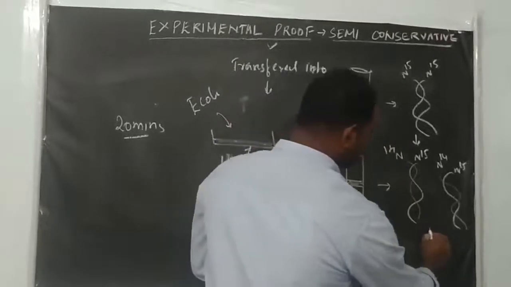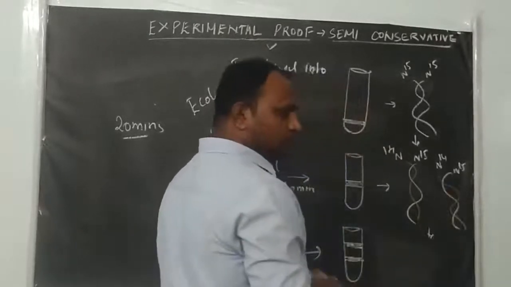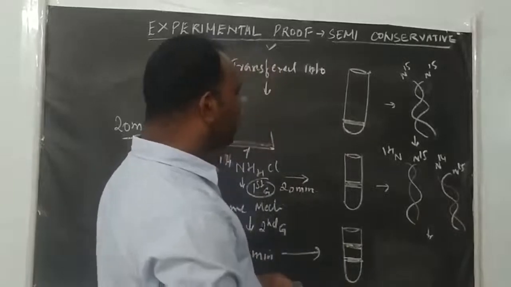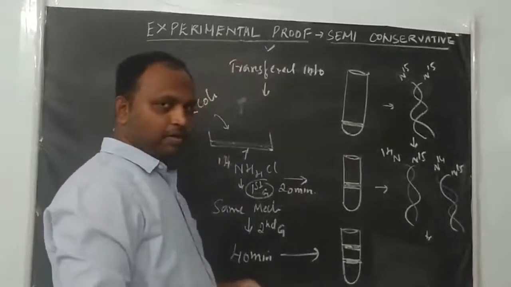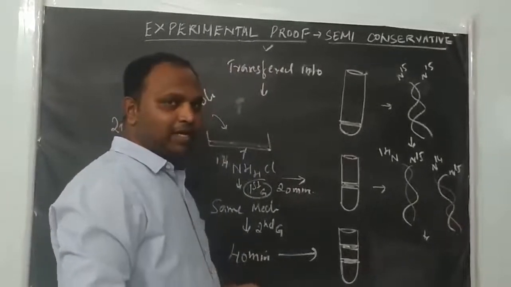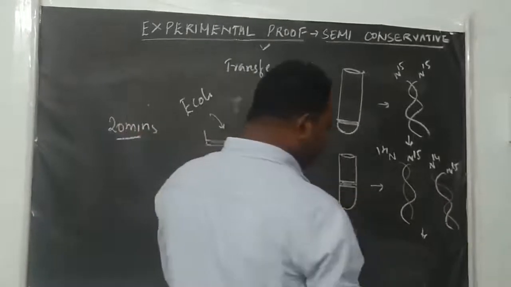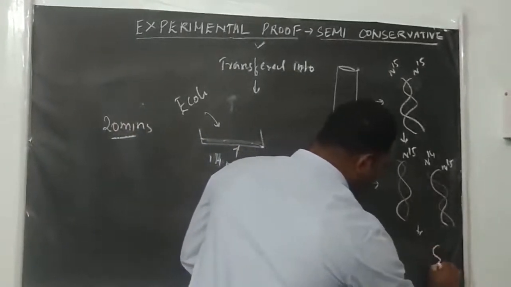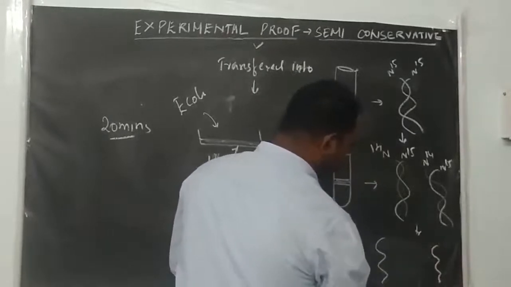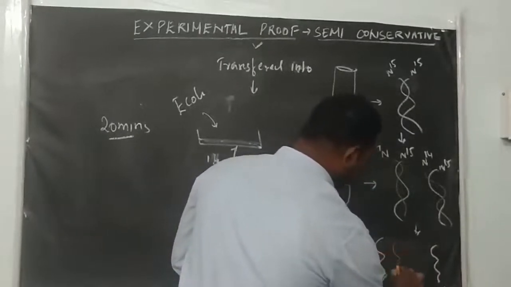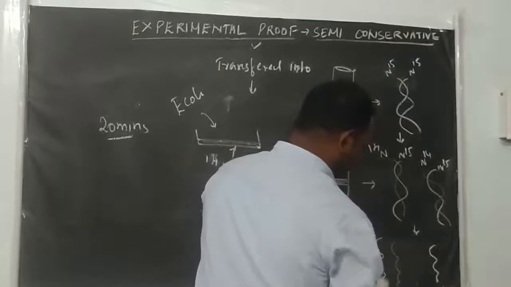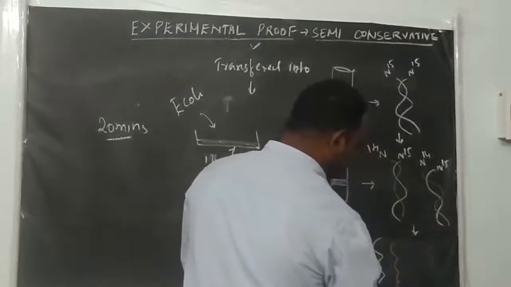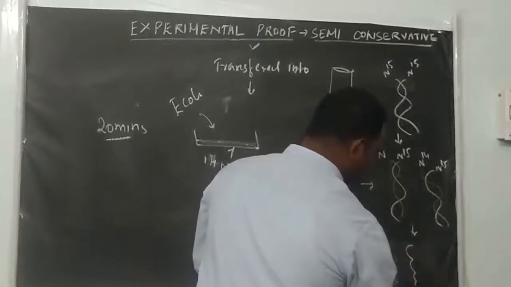Out of 2 molecules, each molecule contains one heavy strand and another one a light strand. So these 4 strands unwind and act as a template for the synthesis of the new strand.